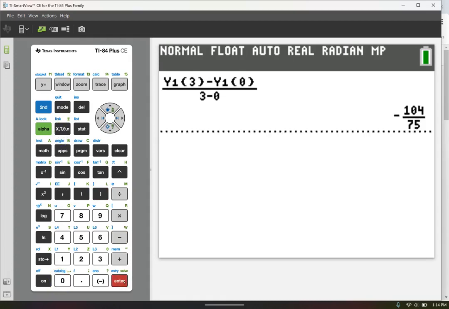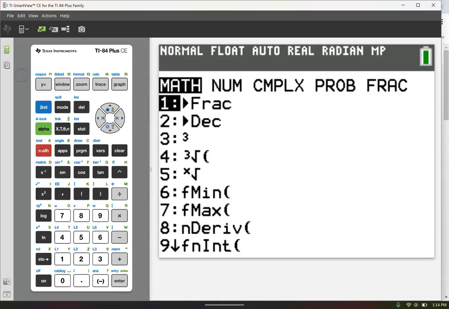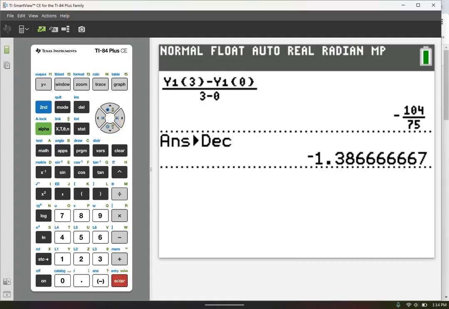This one gives me a fraction, so all I need to do is go to math, number 2, change it to a decimal, and is that the same decimal that we got previously? Yes, it is. Okay, so I did want to mention and show that, since we stored things, we can use them to recall and find our answers at a later time. Okay, that's the last thing I wanted to show.